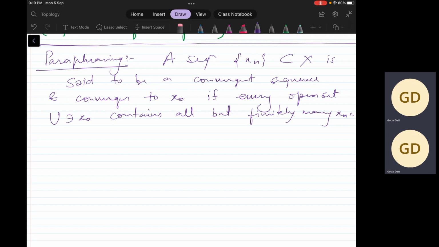Okay, so this definition is in terms of open sets.